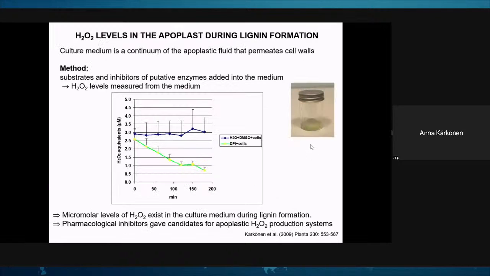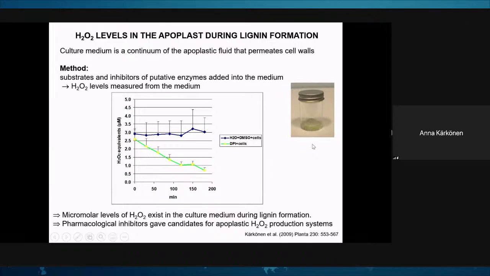Of course, it's interesting to determine how much hydrogen peroxide exists there in the culture medium. The culture medium of these cultures is basically a continuum of the apoplastic fluid that permeates the cell wall in native plants. It is just a huge volume as compared to native plants.